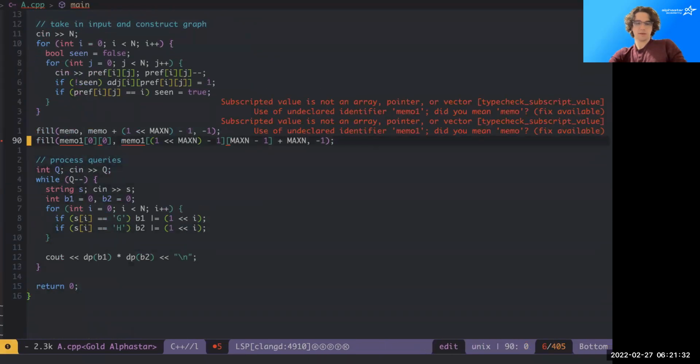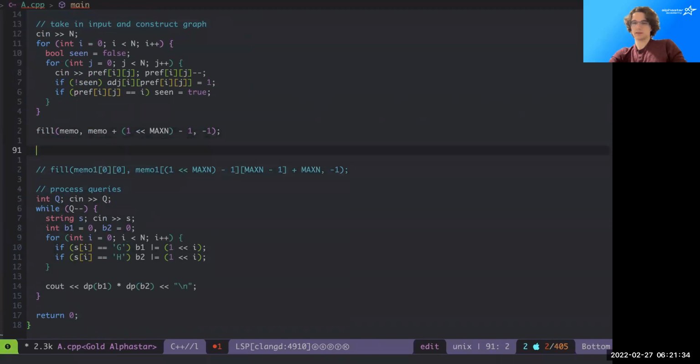The goal here is maybe if we do this iteratively, we can get something that runs a bit faster.